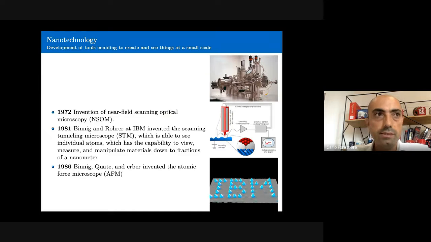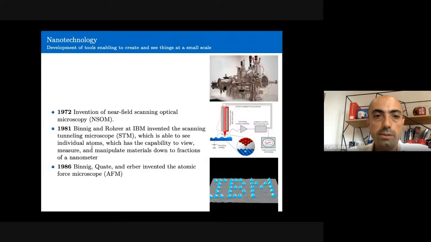the main advance in technology started from the second half of the last century, thanks to the introduction of many technologies that allow us to view things at nanoscale and to fabricate things at nanoscale.